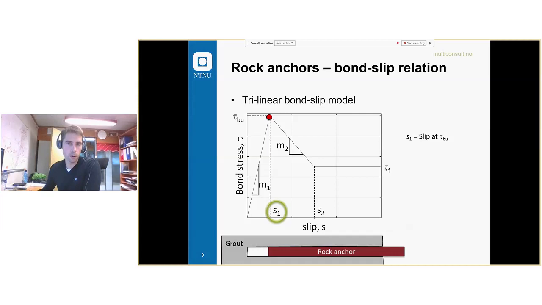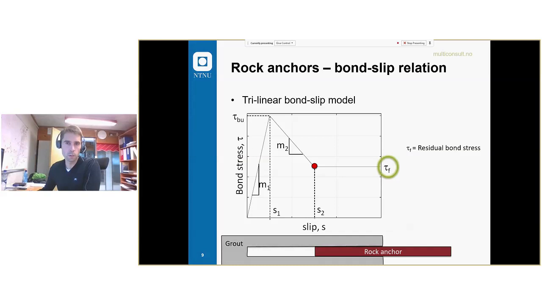If you continue to pull the anchor, looking at the section of the anchor, then the capacity will drop until you meet a residual bond stress, tau F, at a certain distance or slip, S2. That's kind of a definition of a 3-linear bond slip model. So it is not a constant shear stress or shear capacity along the anchor interface.